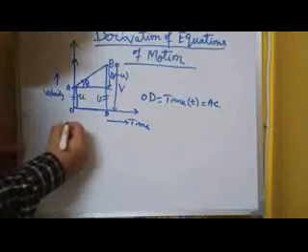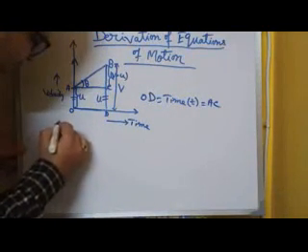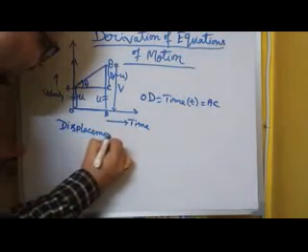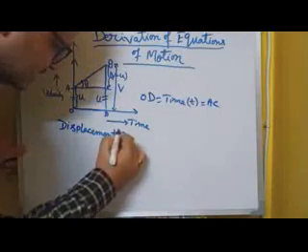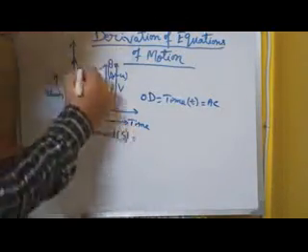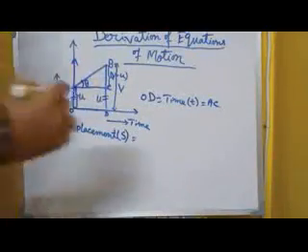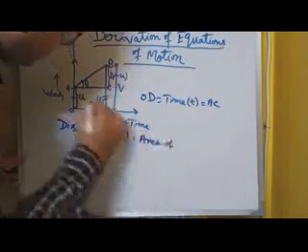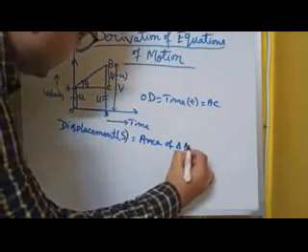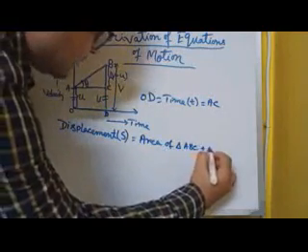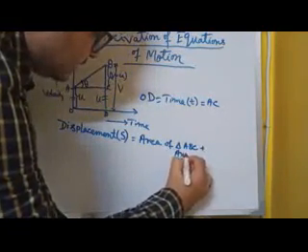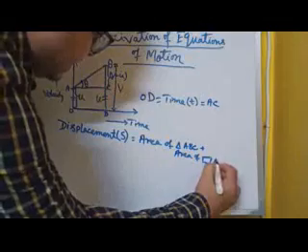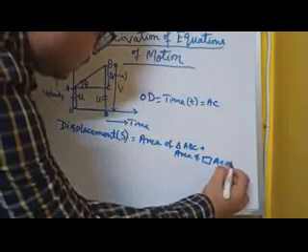Next we prove the second equation, that is displacement S, which is equal to the area of the total diagram: area of triangle ABC plus area of rectangle ACDO.